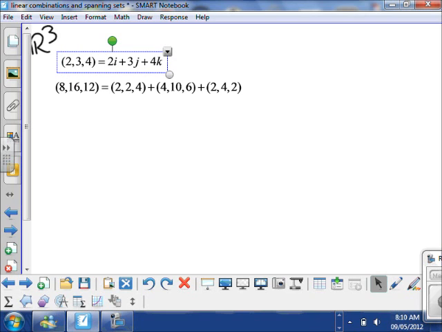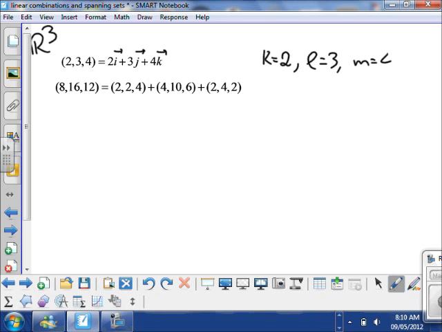We already had that conversation when we wrote a random vector, 2, 3, 4, as a linear combination of the unit vectors, 2i plus 3j plus 4k, where I need three scalars: k equals 2, l equals 3, and m equals 4. Beautiful.